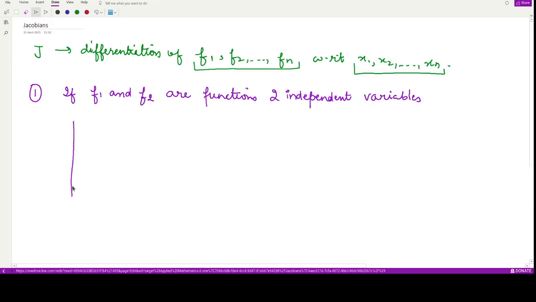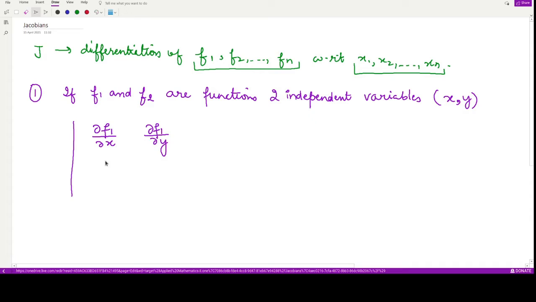Then we take the determinant of del f1 by del x and del f1 by del y, where the independent variables are x comma y. So it would be the partial derivative of function f1 with respect to x and with respect to y.